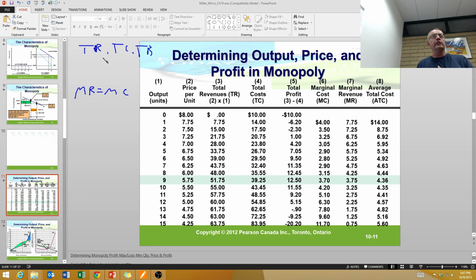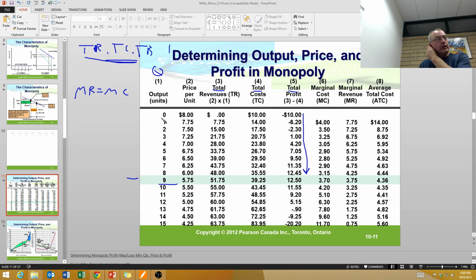So if we look at this first approach, we have this little data table here. So here's our quantity level of output. Here's our total revenues in column 3, total cost in column 4, total profit in column 5. And we can see that our profit maximizing quantity, just by eyeballing these total profit figures, is where quantity equals 9.